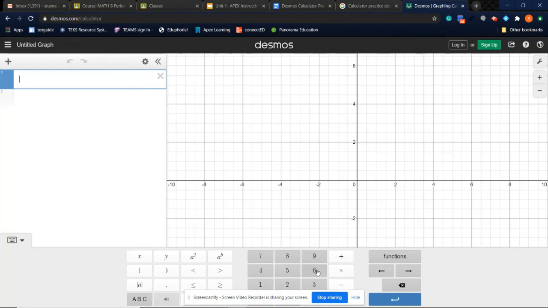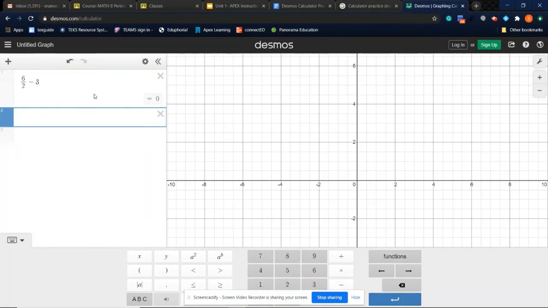So let's say I want to do 6 divided by 2 minus 3, right? And if I wanted to tap out of that because I want the minus 3 outside of the fraction, I would just click on it. So it's similar. It's just instead of using the tap feature, you're just going to click on it. And I get minus 3. Okay, and then it's the same functions as before.